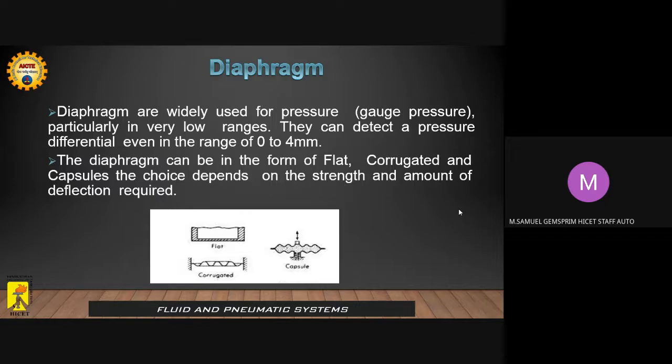Okay. So the diaphragm can be of different types. One is flat type, as shown in the picture. It is a flat diaphragm. Next is corrugated. Corrugated in the sense it is a kind of zigzag shape, which can very easily detect minor variations also. Then capsule type. In the capsule type, we have air filled inside.